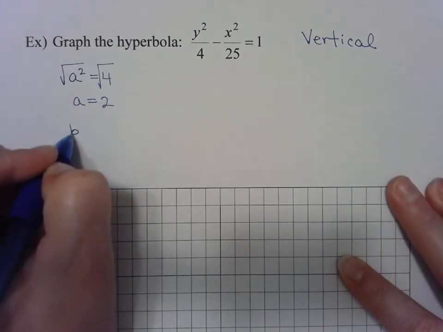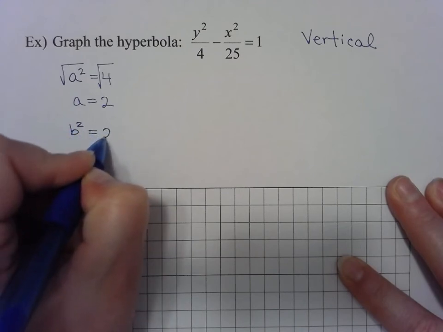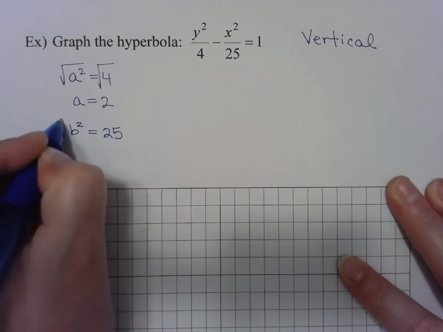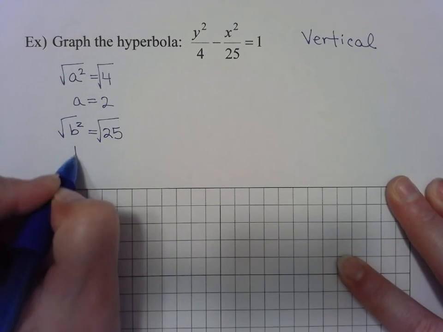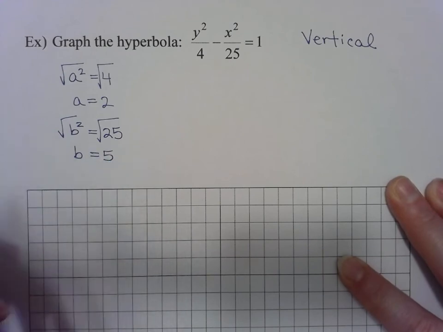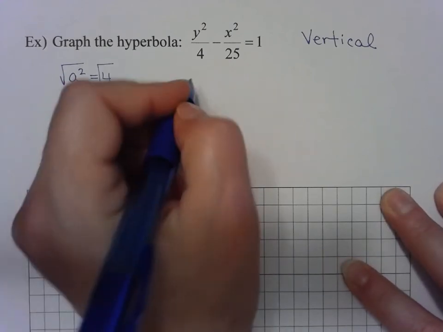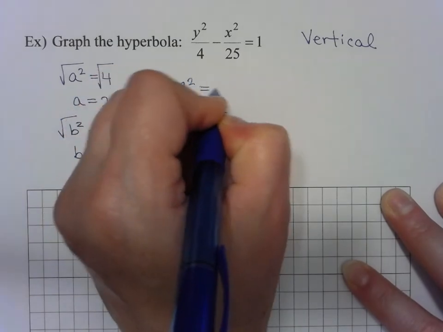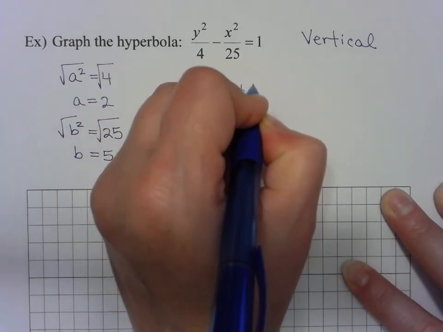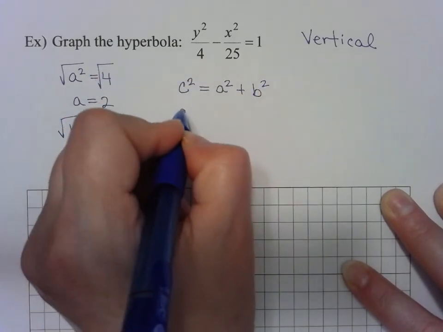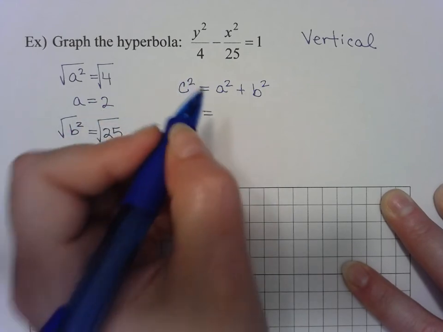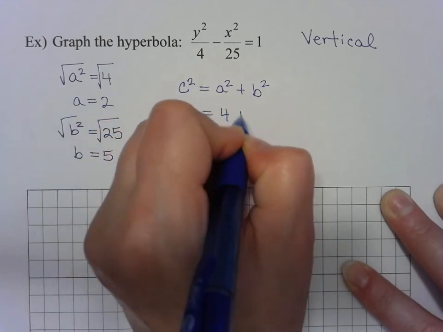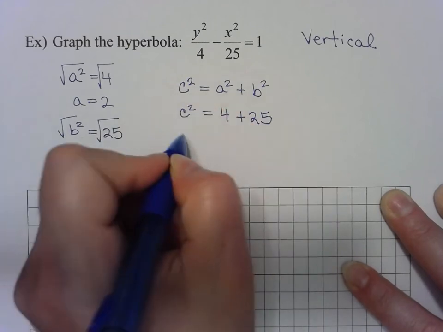And the 25 is b squared. So b must be 5. And c squared is a squared plus b squared. So 4 plus 25.